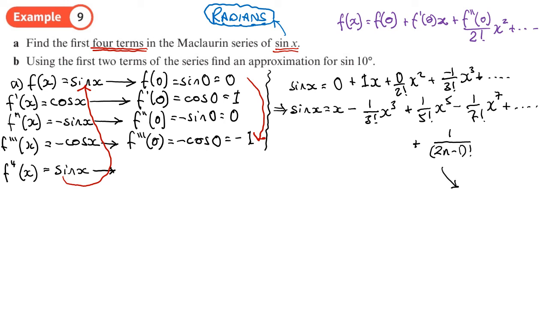Okay, so here I'm going for n equals 1, 2, 3. So I'm not starting at 0, I'm starting at 1. So this is going to be for n equals 1, what I'm writing down here. The power of x needs to be the same, so it's going to be x to the power of 2n minus 1 here as well.